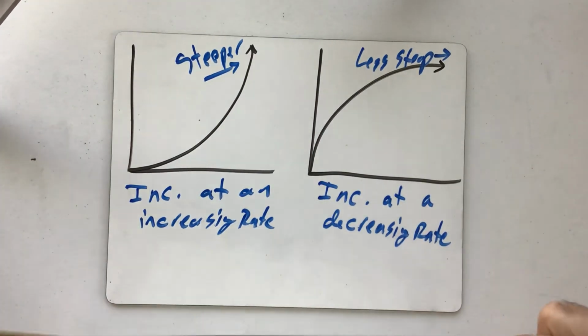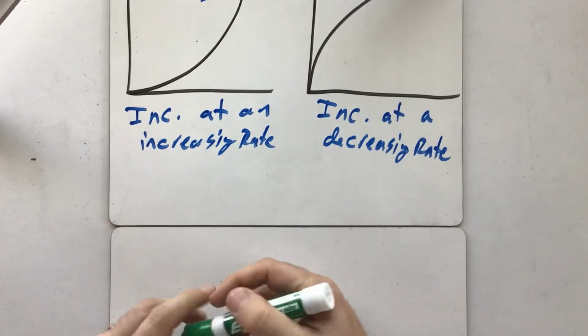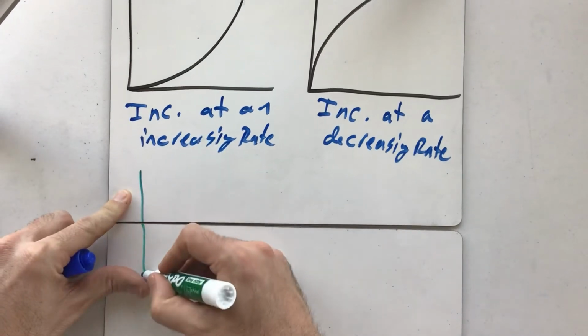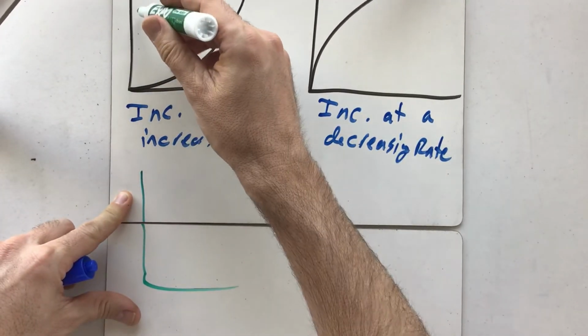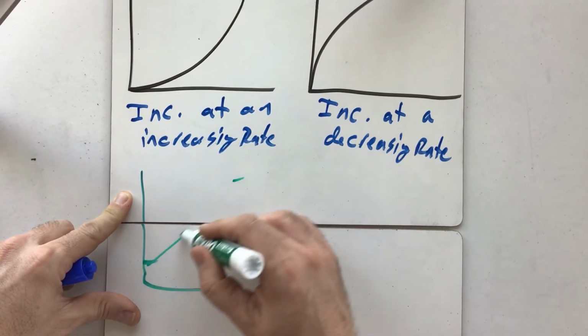So one way we might think about these is to think of them in terms of derivatives. If I were to try to draw the derivatives of it, the derivatives would always be positive, but they would start out at a small positive number and end up at a big positive number.